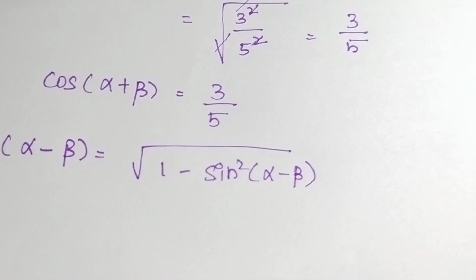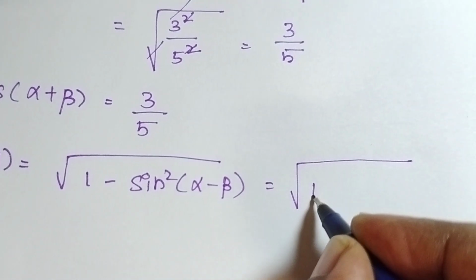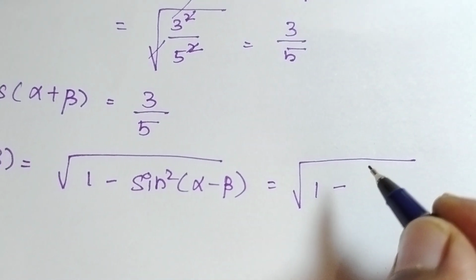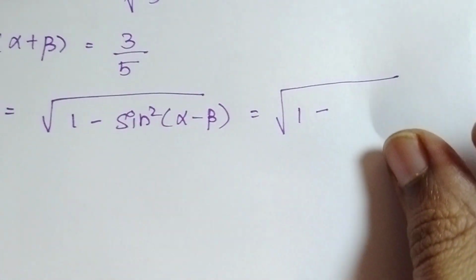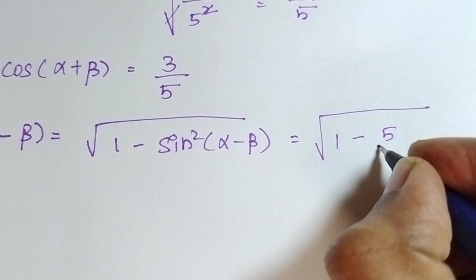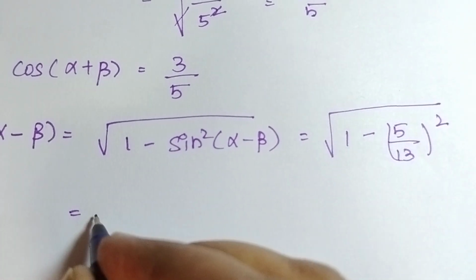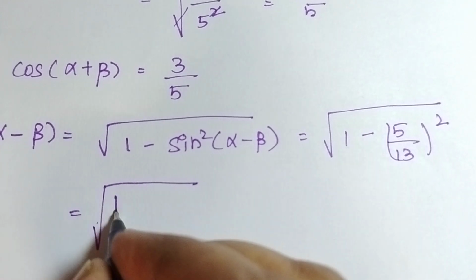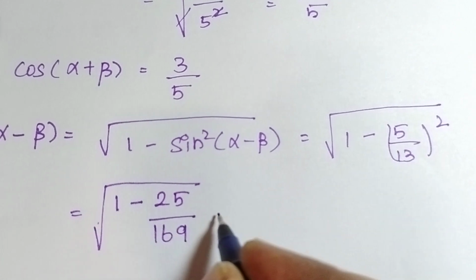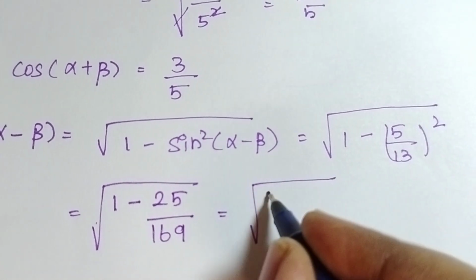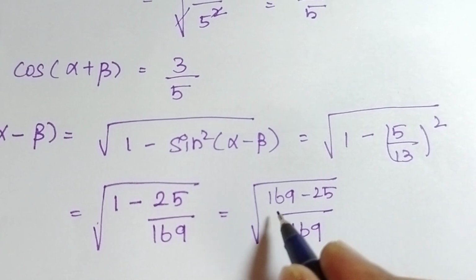So just substitute that here. Therefore, it is equal to the root of 1 minus (5 by 13) the whole square, which is the root of 5 square is 25 and 13 square is 169, which is equal to the root of (169 minus 25) divided by 169.